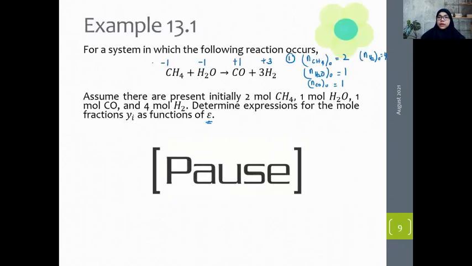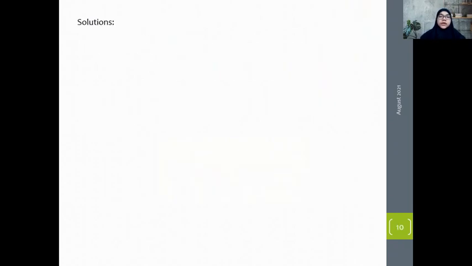So let me write up the reaction first. We have methane reacting with water to produce carbon monoxide and hydrogen. Balance the equation: we have this 3. So, given, first extract the information. The information given to us is the stoichiometric numbers: -1, -1, +1, and +3.